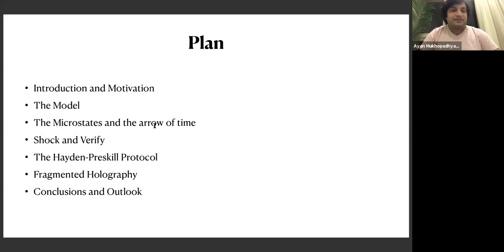And then we will try to see how our model behaves phenomenologically. To understand whether our model is a credible model of a black hole, we will try to shock our model and verify the results. And then we will talk about the Hayden-Preskill protocol of the black hole, one of the information tasks that we should verify whether our model captures rightly. And then I will talk about a general picture of fragmented holography, and I will conclude with an outlook.